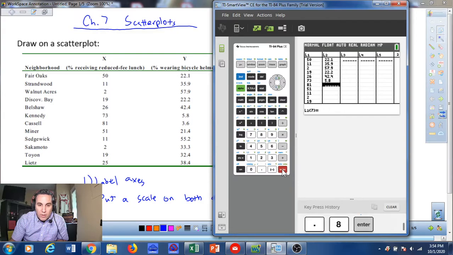Wow, not many people wear a helmet there. 3.6, not many people wear a helmet there. 21.4, 55.2, 33.3, 32.4, and 38.4. And we should be matched up.